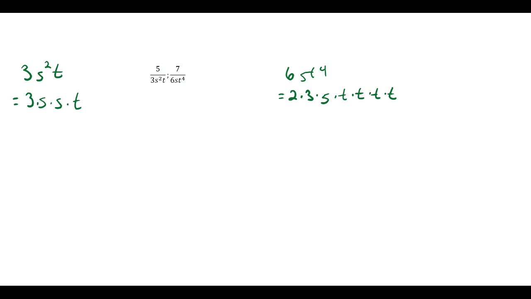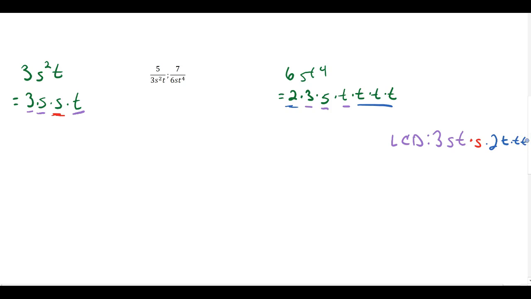So whenever I go to find my least common denominator, I'll come over here, least common denominator. Notice they both have a 3, so I'll write it down. They both have an s, so I'll write it down. They both have a t, so I'll write it down. Notice my first one also has another s, so I actually have to write it down. And my second one has an additional 2 and 3 more t's.